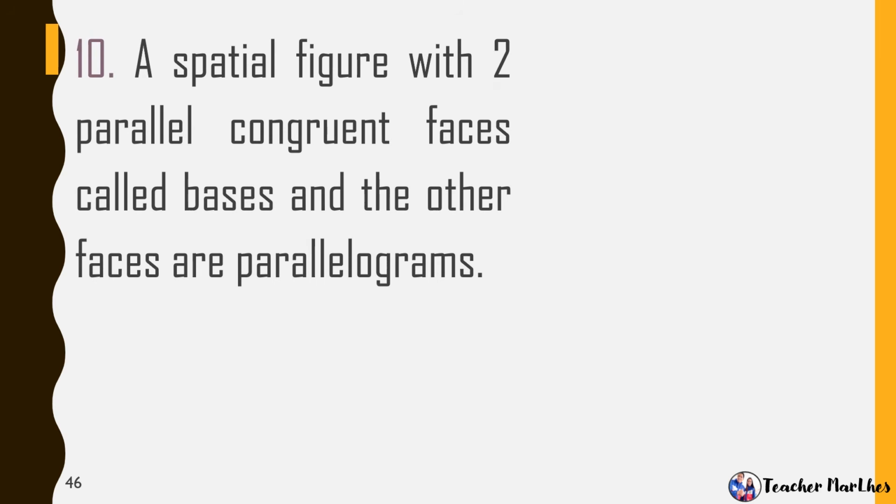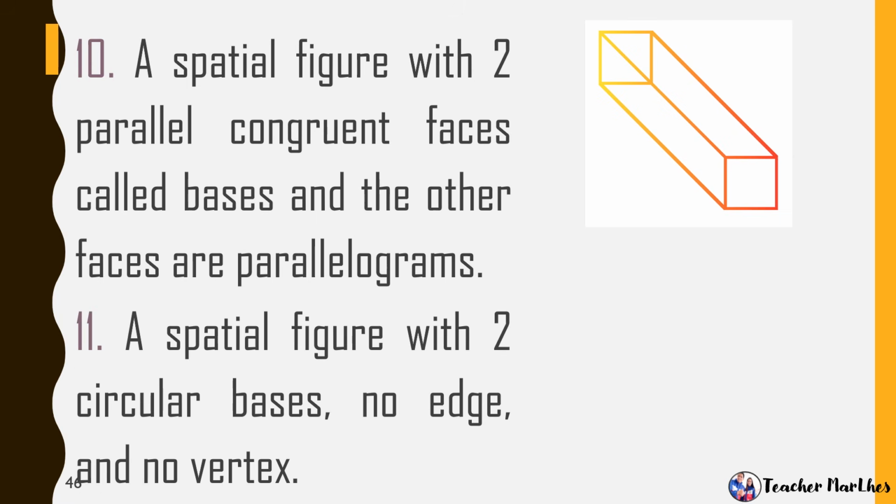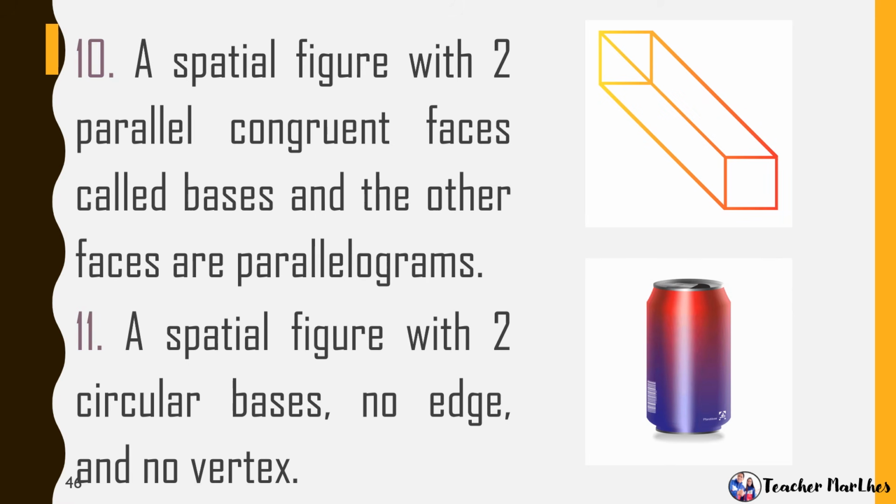A special figure with 2 parallel congruent faces called bases and the other faces are parallelograms. This figure is called a rectangular prism. And for the last question, a special figure with 2 circular bases, no edge, and no vertex. The answer is a cylinder.